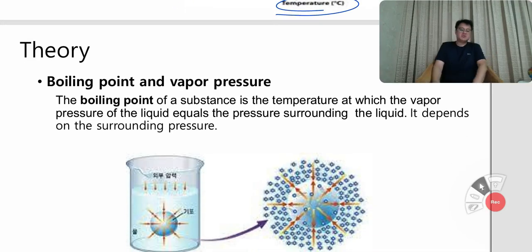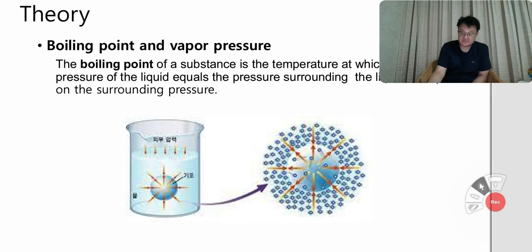Now we go to boiling point and vapor pressure. The boiling point of a substance is the temperature at which the vapor pressure of the liquid equals the pressure surrounding the liquid. It depends on the surrounding pressure, right?